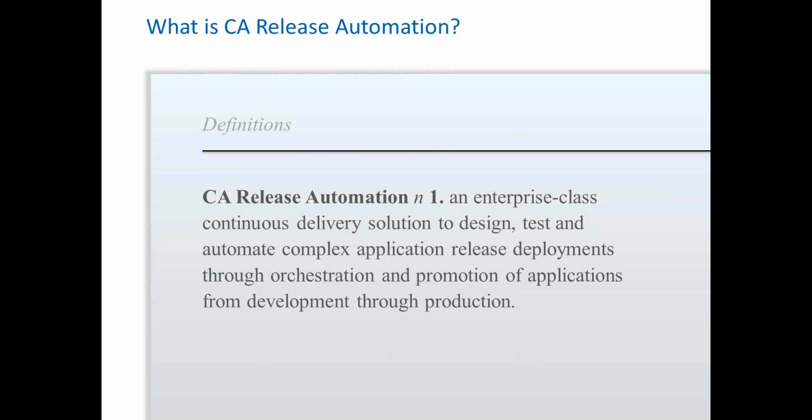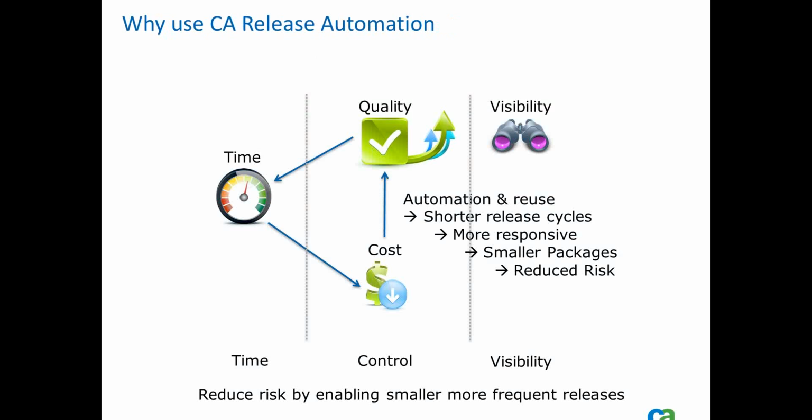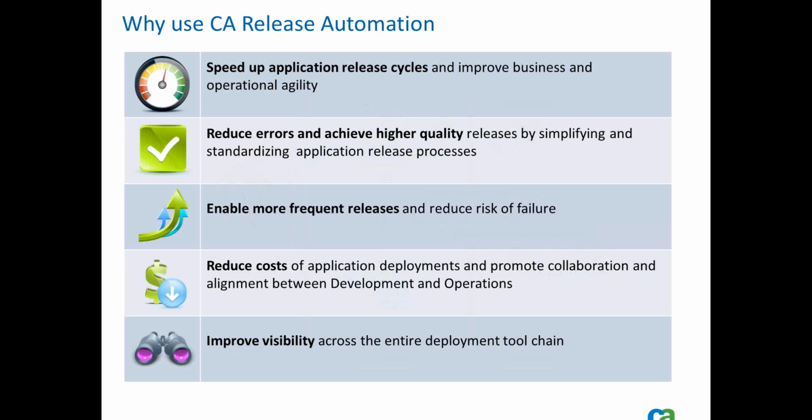So what we aim to do with the release automation at CA is meet these criteria here: to improve quality, reduce time, and keep costs down, and then give you automation and reuse and make everything more responsive to the business, with less mundane work for people to do manually, and essentially reduce risk and enable frequent release so that you're more responsive.